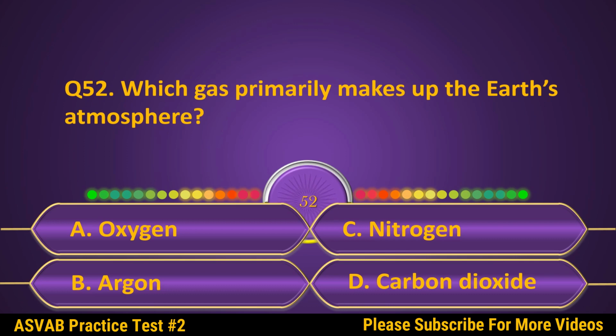Question number 52. Which gas primarily makes up the Earth's atmosphere? The options are A. Oxygen, B. Argon, C. Nitrogen, D. Carbon dioxide.